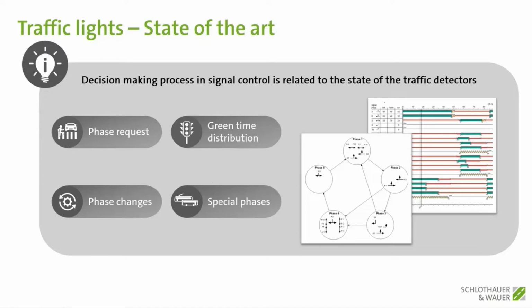At controller level, the control algorithm, the traffic light algorithm, is processed in Germany every second. In foreign countries, this frequency can be a little bit higher, but in Germany every second there's a recomputation of the signal logic. There's a check if a detector is occupied and so on, and then you have an effect in the traffic control, to get more green time or whatever.